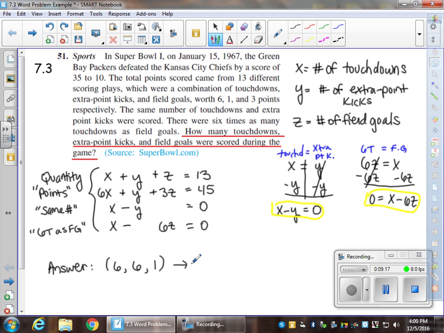So that means 6 touchdowns, remember, that's x, 6 extra point kicks, that was y, and 1 field goal, otherwise known as z.